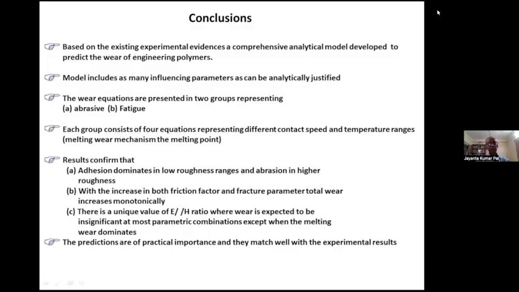With the increasing friction factor and fracture parameter, total wear increases monotonically. This again is expected.